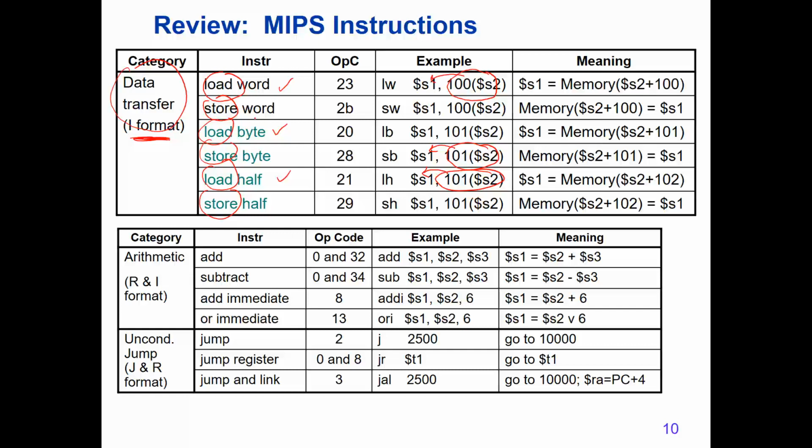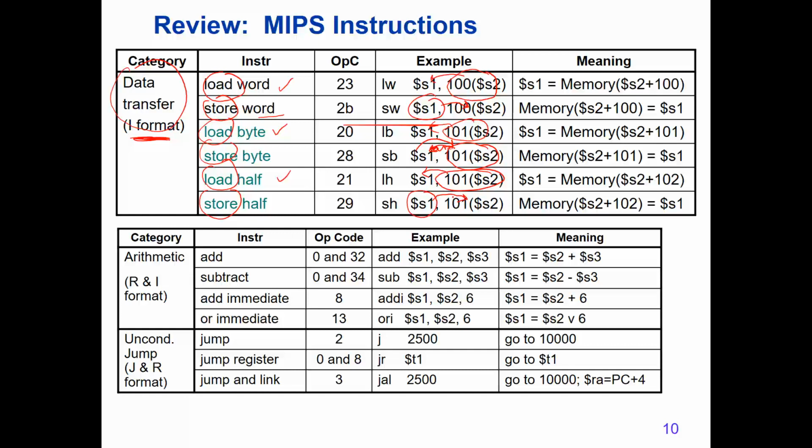Now we are storing a word into this memory location. Here we are storing this byte, the least significant byte, into this memory location. And when it comes to storing half, we're storing the least significant 2 bytes into this memory location.